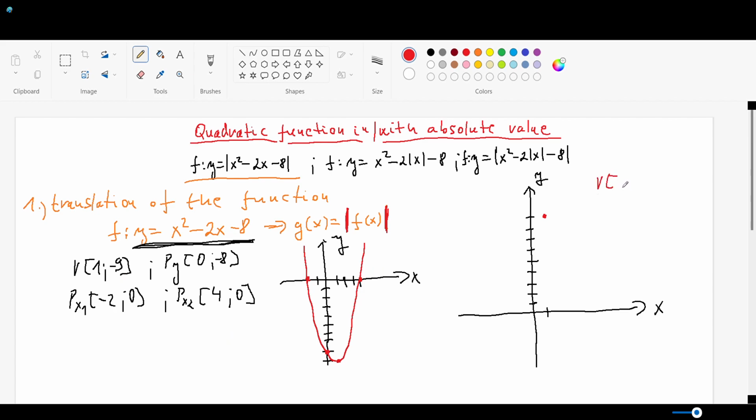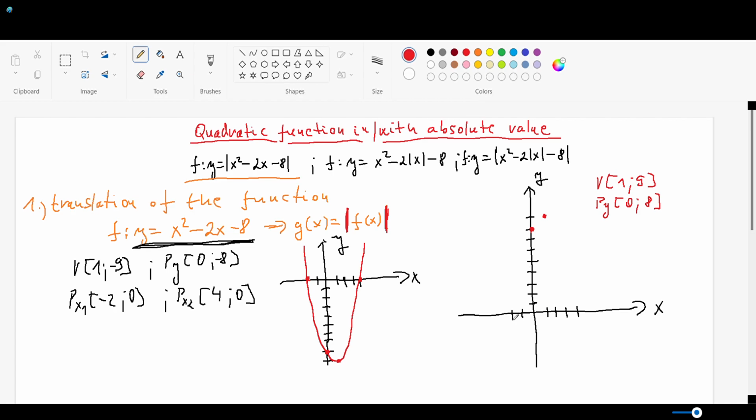So our new vertex coordinates would be 1 and 9, and what will also change is the coordinate of the y-intercept, which will be changed to 0 and 8. Okay, so these are my two critical points to sketch the graph really properly, and the intercepts with the x-axis will remain in the same place.